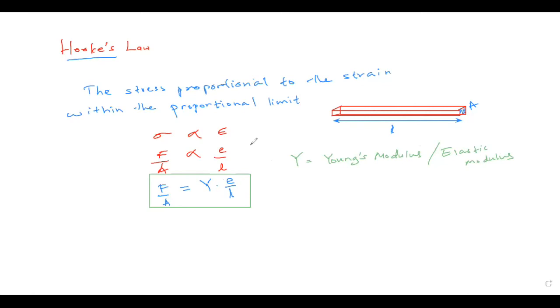Let's say what is the unit of Young's modulus? Can you tell me the unit of Young's modulus? Probably something like Pascal. Yeah, because this side has the unit of pressure, and this side has no unit, so this has a unit of pressure, no? So newtons per meter squared.